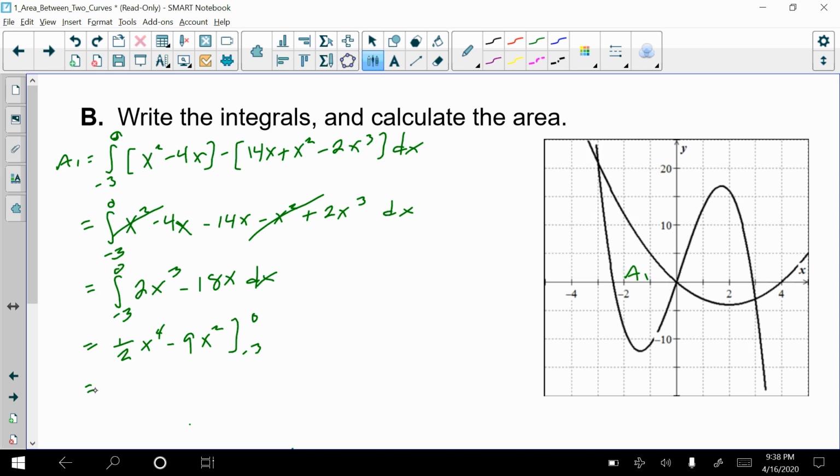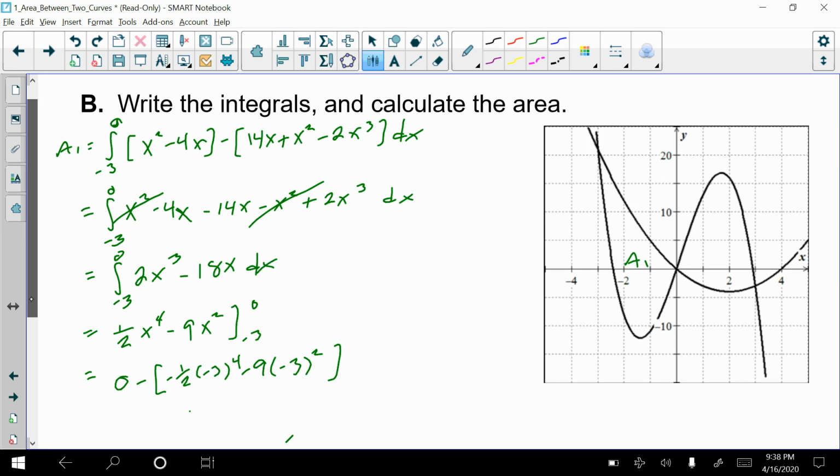Substituting the 0 first, everything is just going to simplify to be 0. So now we're going to substitute the -3. So we have 1/2 times -3 to the 4th power minus 9 times -3 squared, and see what we wind up getting.